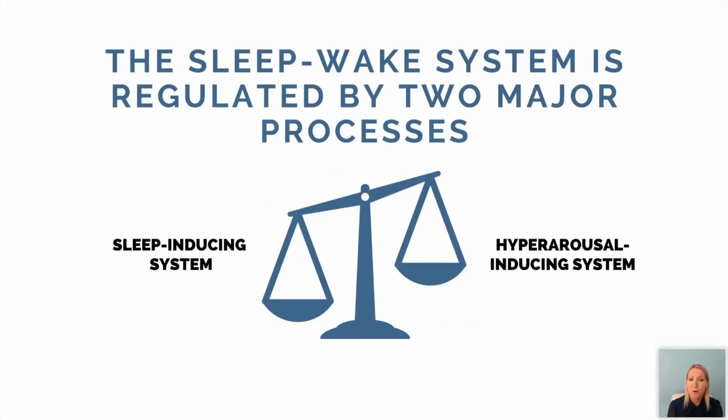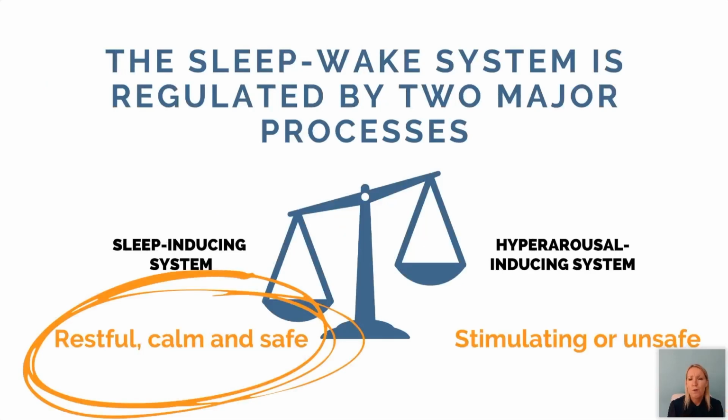So remember in module 1, we talked about the sleep-wake system and how it's regulated by 2 major processes, that sleep-inducing system and the hyperarousal inducing system. Well, when we think about sleep, that sleep-inducing system, we want to create an environment that is restful and calm and safe.